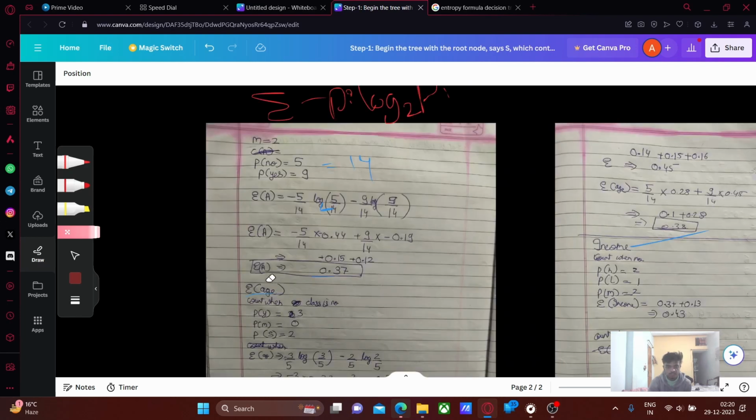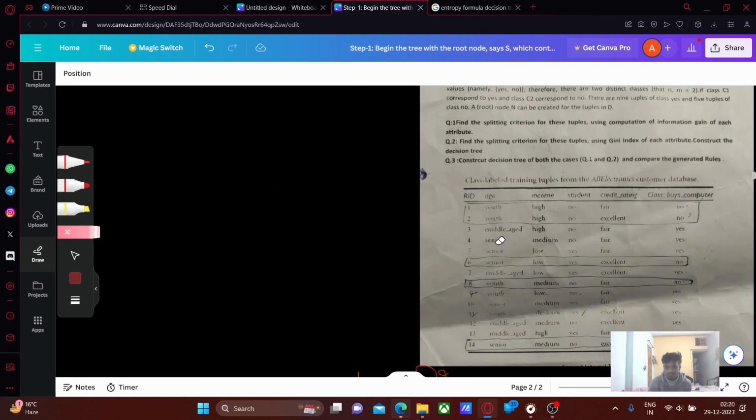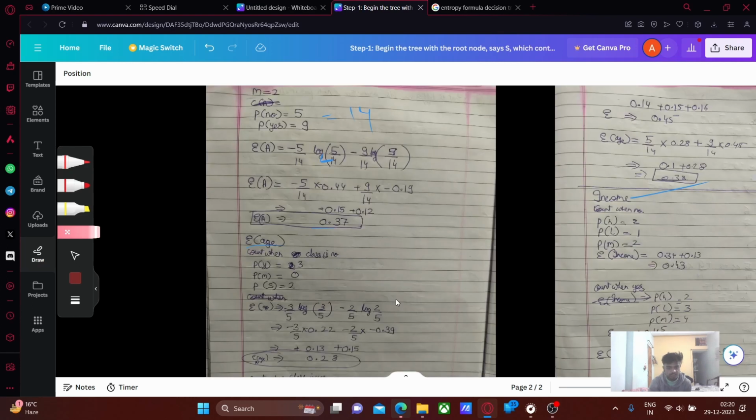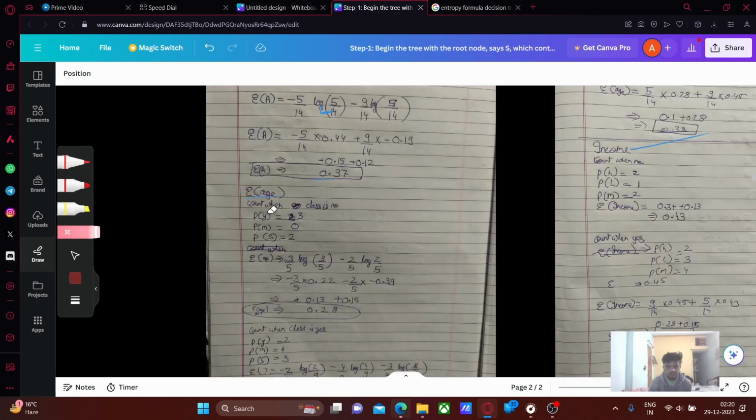So the first attribute is age. In age there are 3 classes: youth, middle age, and senior. First we have to calculate for class no. In youth we have 3 no's, in middle age we have 0 no's, and in senior we have 2 no's.